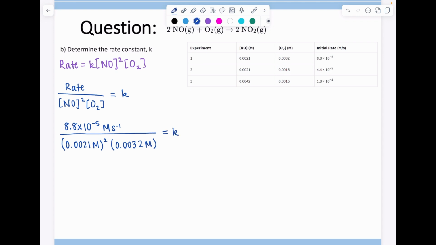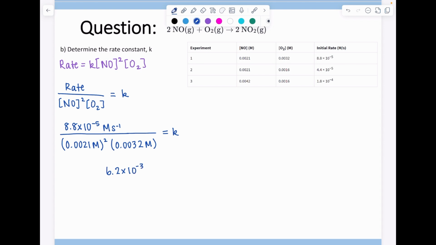And that is equal to K. Simplifying the fraction, don't forget to apply this exponent here to the value as well as the unit. But the value of this fraction is 6.2 times 10 to the negative third.